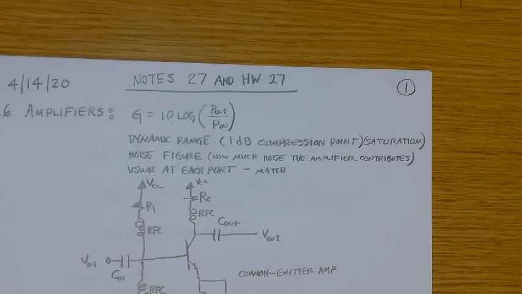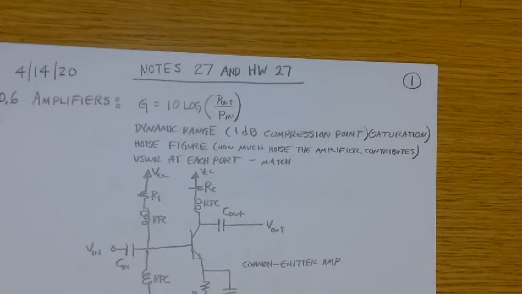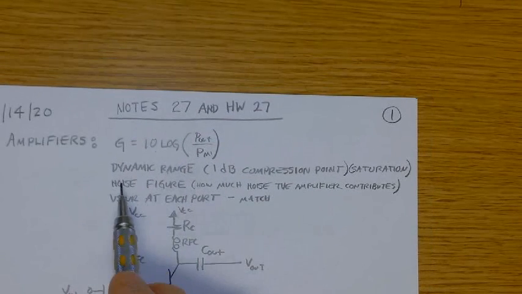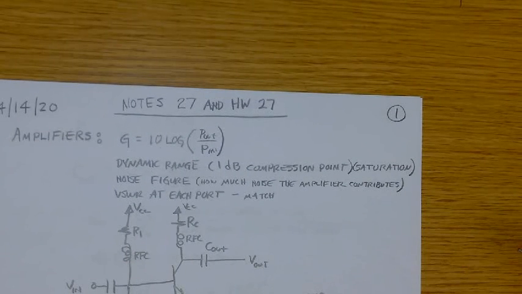And so the output noise is going to be the input noise times the gain of the amplifier. That would be the case if the amplifier were perfect. It turns out that it's going to add some more noise to it, because it's not a perfect device from a noise standpoint. And so the noise figure tells us how much additional noise the amplifier adds to the input noise, and that gives us the total output noise.